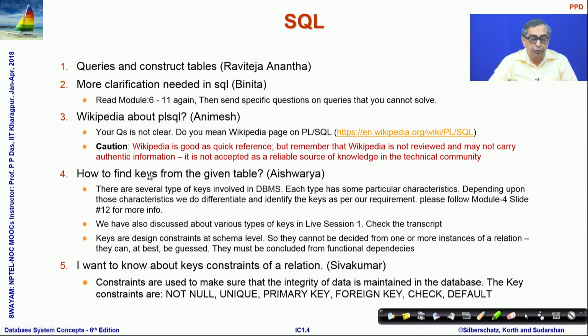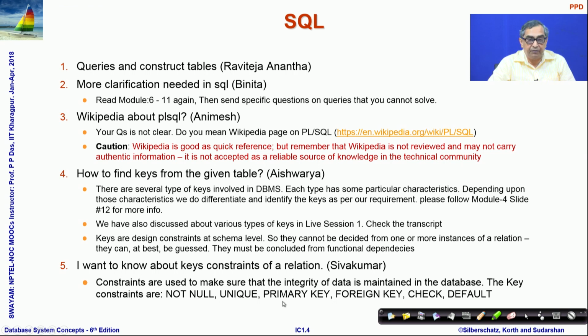Shiva Kumar wanted to know about the key constraints of a relation. I am assuming that you wanted me to highlight the constraints relating to keys that can be expressed in SQL. These are the typical ones. Keys have to be not null, because if you have null, then you cannot check for uniqueness. Keys are certainly unique values; without that you cannot avoid duplicates.